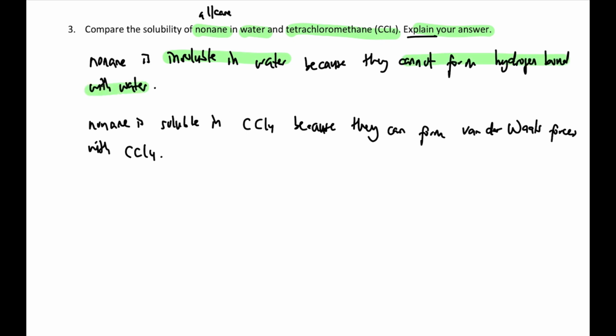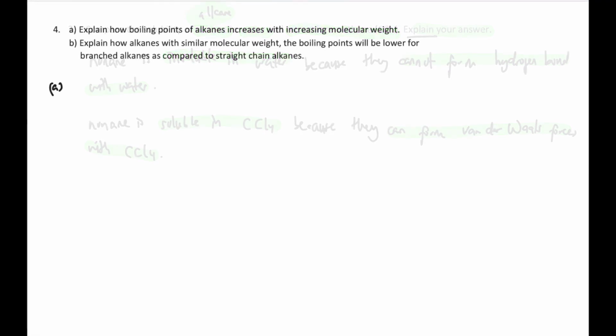Insoluble in water because cannot form hydrogen bond with water, but soluble in CCl4 because they can form van der Waals forces with CCl4. That's your answer. Okay. Remember, nonane is an alkane. Alkane ada CH bond sahaja, which is very non-polar bond. Okay, so they cannot form hydrogen bond with water.